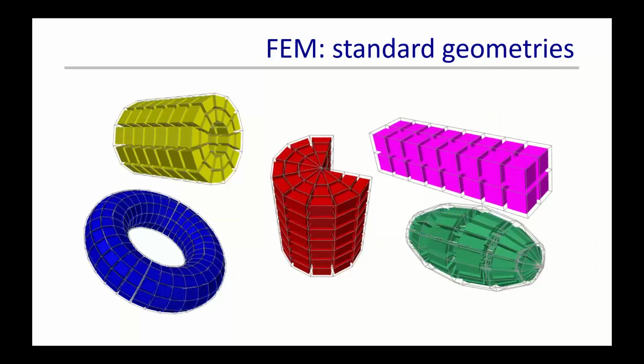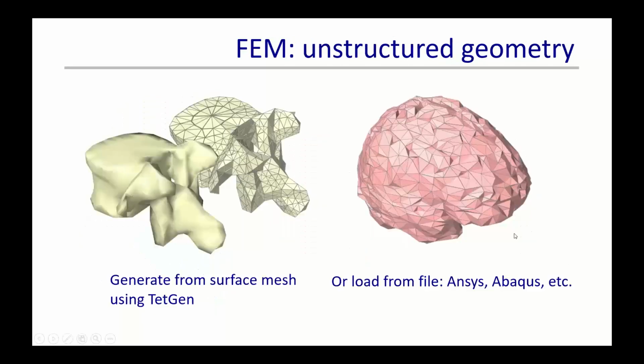So for the FEMs themselves, we have a variety of standard geometries that you can create. So cylinders, toruses, partial discs, beams, ellipsoids, etc. But most commonly, you're going to want to use unstructured geometry, particularly in a biomechanical domain. So there are 2 ways to do that.